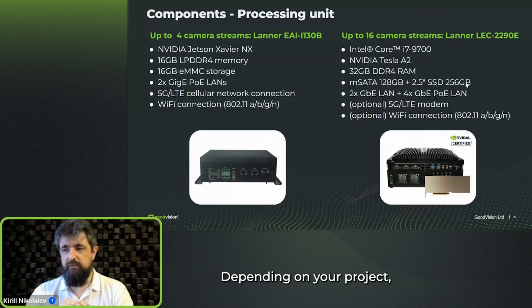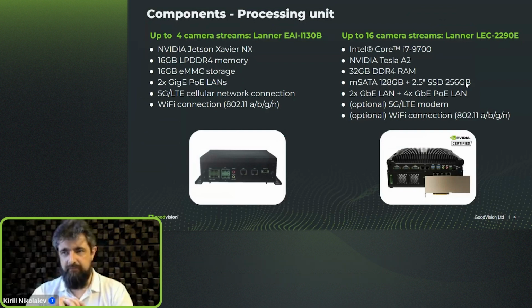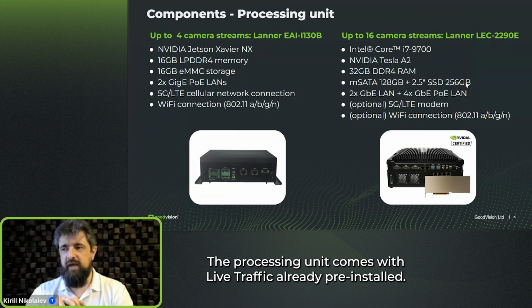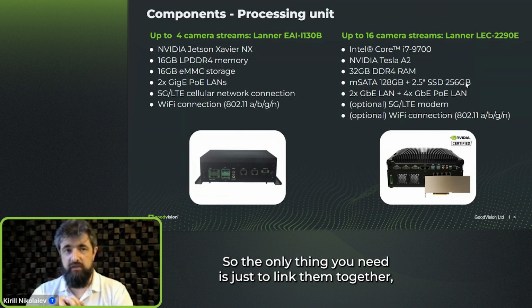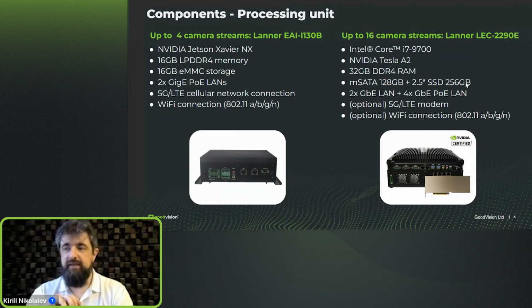Depending on your project, we can send you the kit that contains a processing unit and camera. The processing unit comes with live traffic already pre-installed, so the only thing you need is to link camera to processing unit and processing unit to internet.